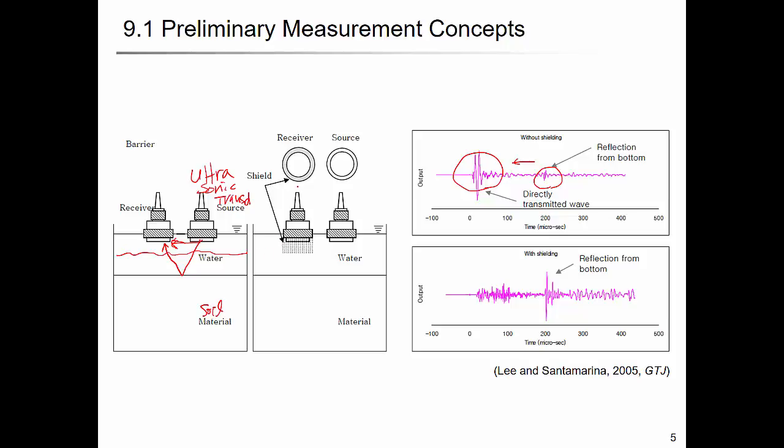Here they just apply a plastic shield around the receiver, and that almost removes the directly transmitted wave, so that you get the reflected signal much higher than the ambient noise. So if you design the system creatively, you can avoid unnecessary noise.